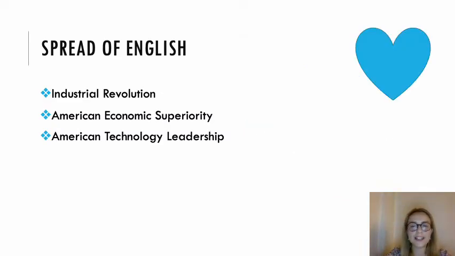After colonialism, we should look at other important events. Because of the Industrial Revolution, mechanization and the use of technology increased. As you all know, the foundation of the Industrial Revolution was laid in Britain and then it spread all over the world.